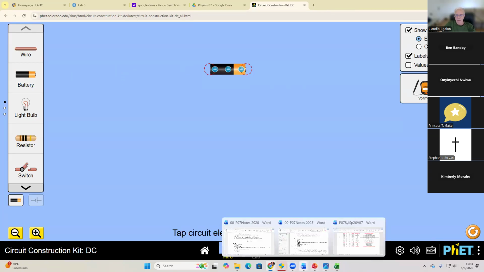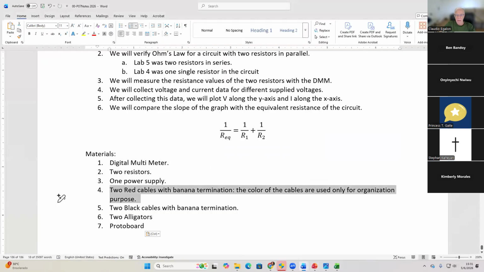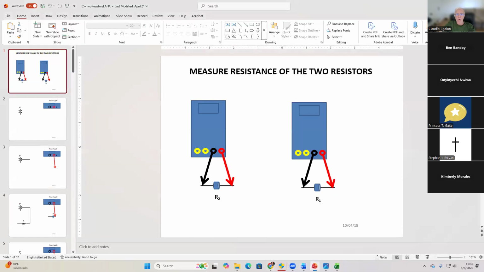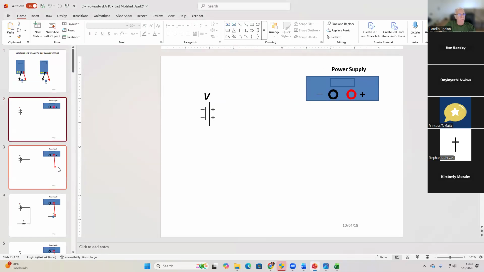We're mounting our circuit. Two red cables with banana termination. The color of the cables are used only for organizational purposes. Two black cables with banana termination. And if you go here, red cable with banana termination, plug it into this plug in the power supply.